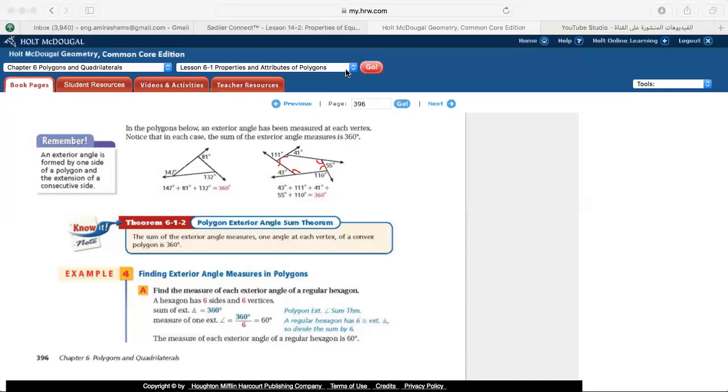What about the exterior? If I extended here the lines of the shape, like this and like this, I will get exterior angles here.